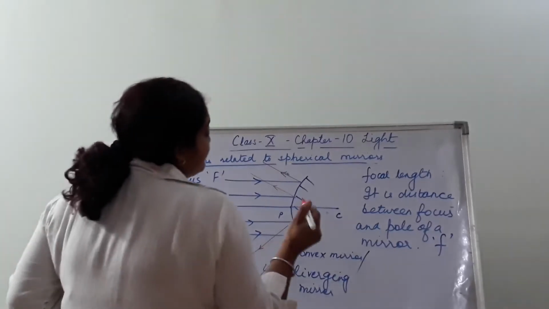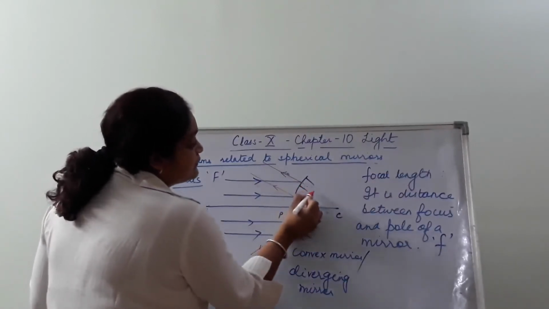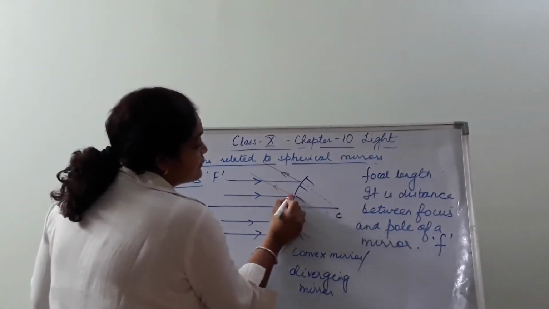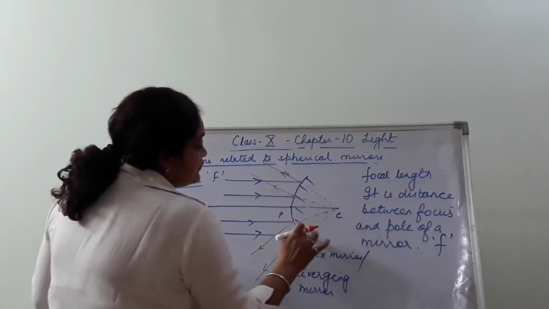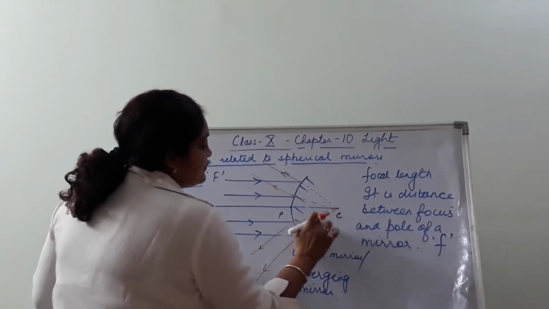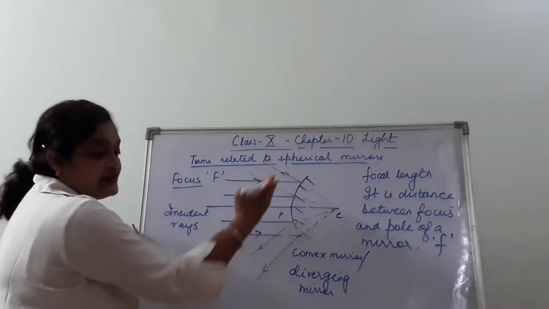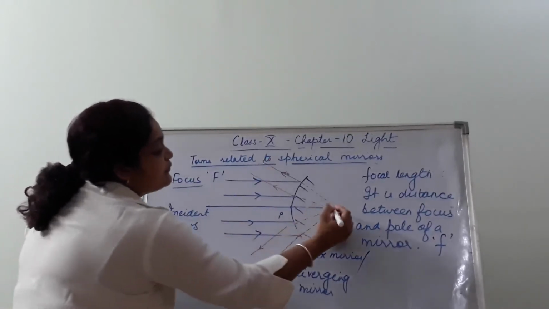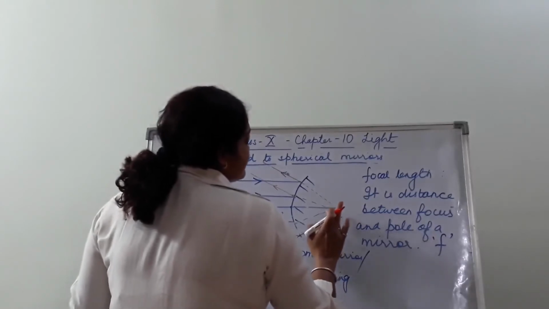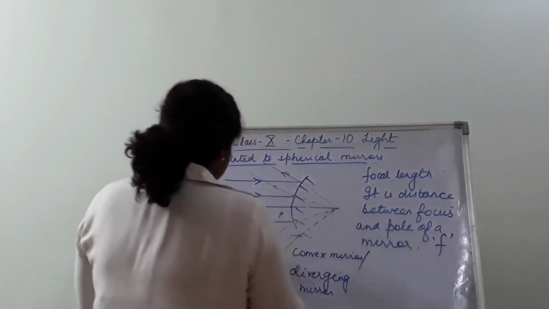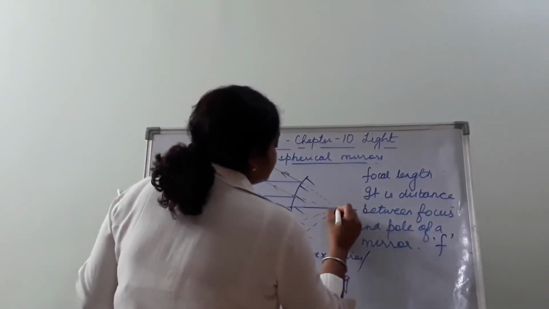So if you extend these lines beyond the mirror, or behind the mirror, you can see that these reflected light rays appear to come from a point.